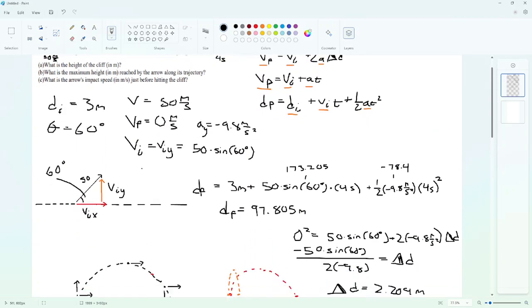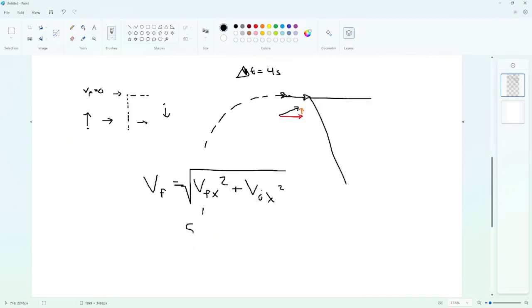No, 50, times cosine of 60 degrees. Oh wait, did I write it twice? Interesting. No, I wrote this wrong. My apologies. This is going to be equal to VFX, velocity of x final, and velocity of y final.